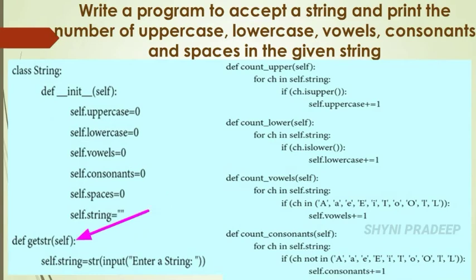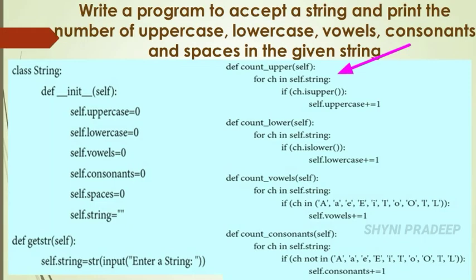Next, one function is given, get str, and see this statement, self.string is equal to str input, enter the string. So you have to enter the string through the keyboard. Next, the count uppercase function. See, next a for loop is given, for ch. Ch is a character. You have to check each character from the given string. Next, check the if condition.